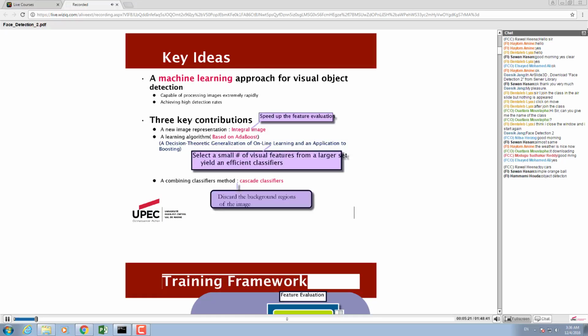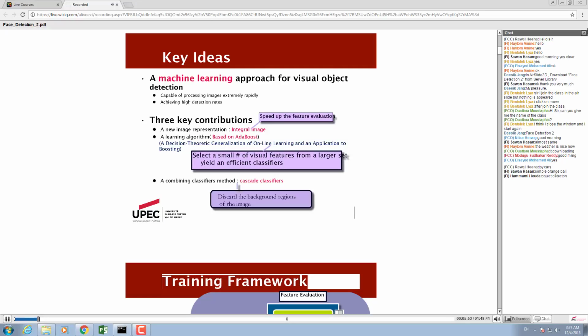We will discuss the features in more detail later. We are using Haar-like features. The feature itself is very simple. To calculate the Haar-like feature very quickly, this integral image is very useful to speed up this special feature calculation. So this is one of the key contributions of this paper.